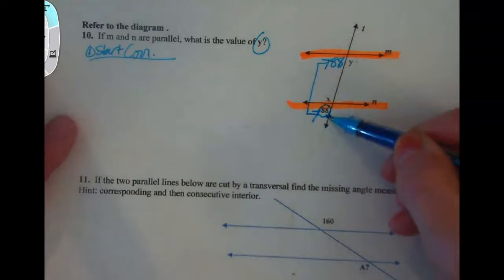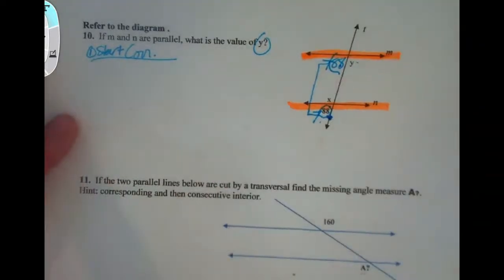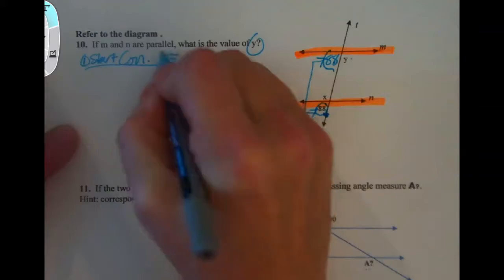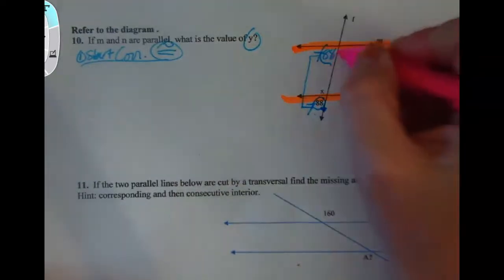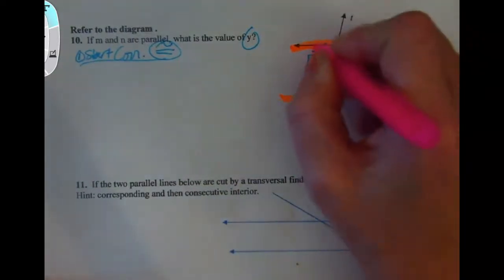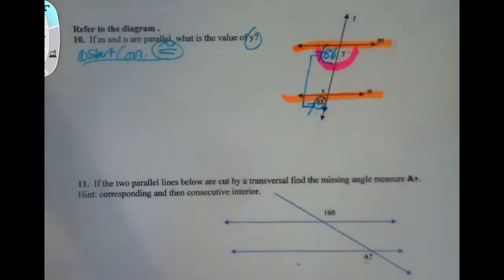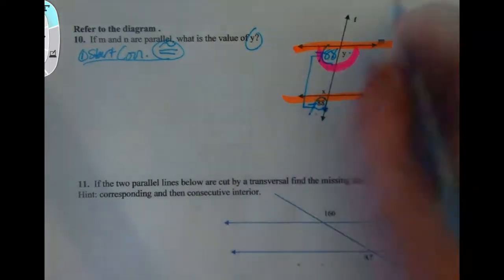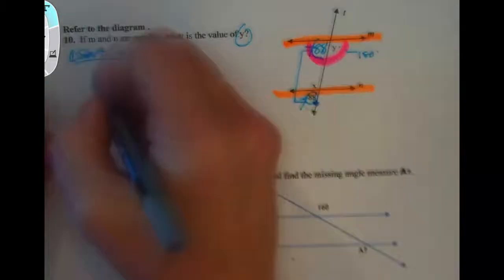If I know this is 88 and these are parallel lines, I'm allowed to put the 88 here because they are corresponding, and corresponding are equal or congruent. Now, most of you are able to look at it and see, this goes back to Unit 1, that these actually form a straight line. 88 plus Y, those are what we call the linear pair.